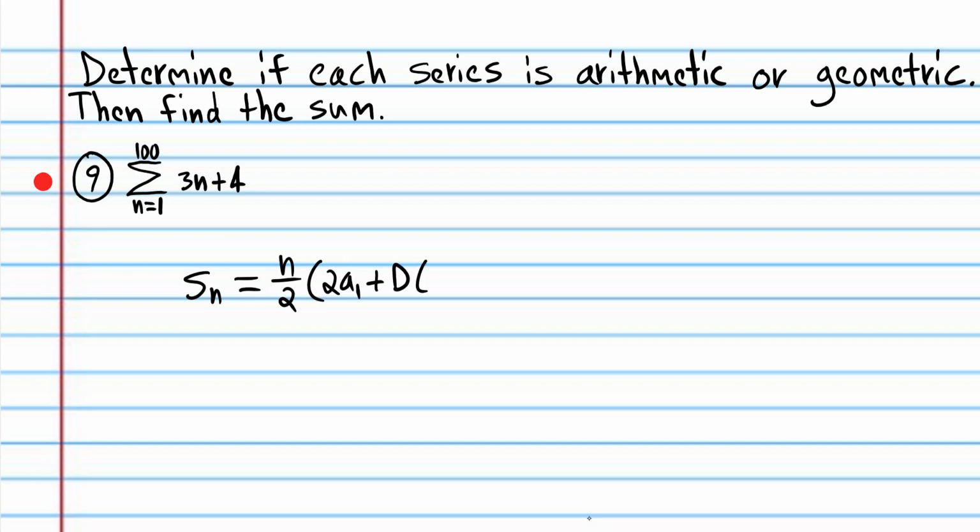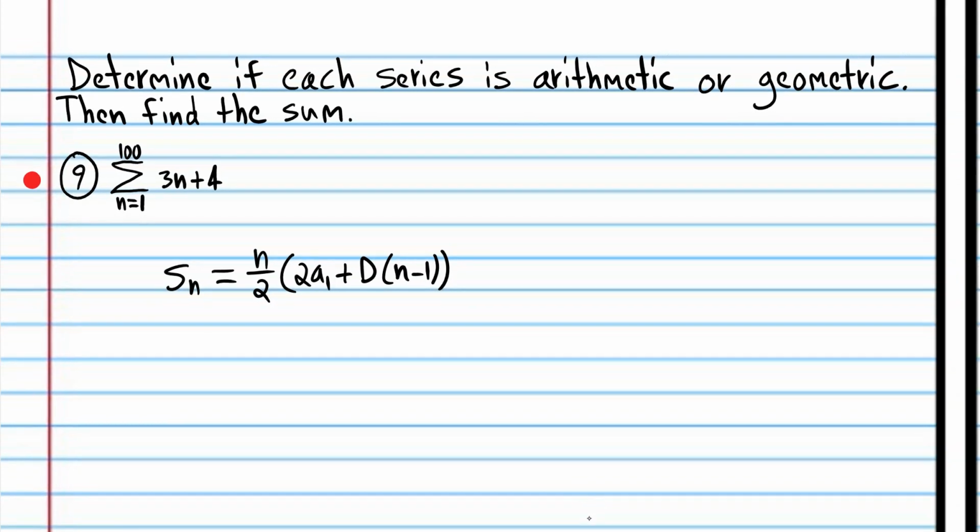Now, how do I know that it's an arithmetic sequence? Well, I don't know, because we have to write out the first terms before we know what type of sequence it is. We may not even know if it's geometric or arithmetic.